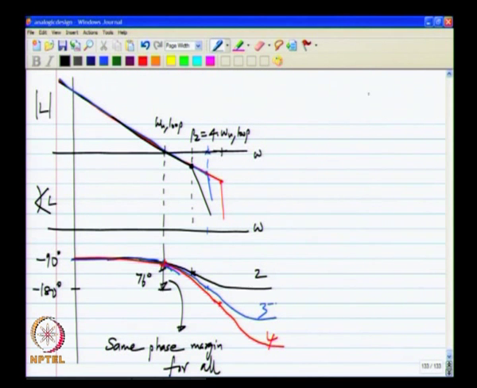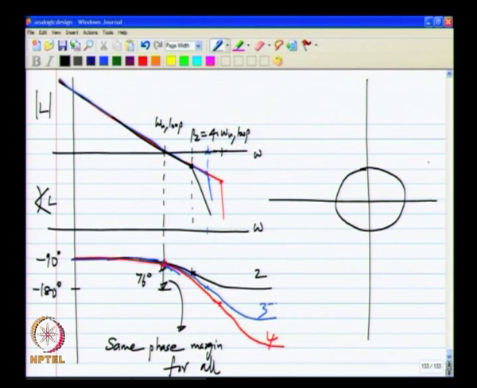Now, we can look at the Nyquist plots. And let me draw the unit circle nice and big here. So, the loop gain of a second order system does that, and the angle corresponding to this, the angle from here to here, is 76 degrees.